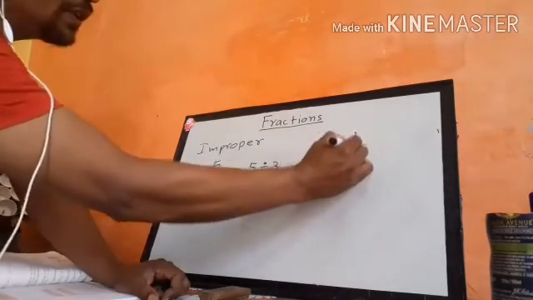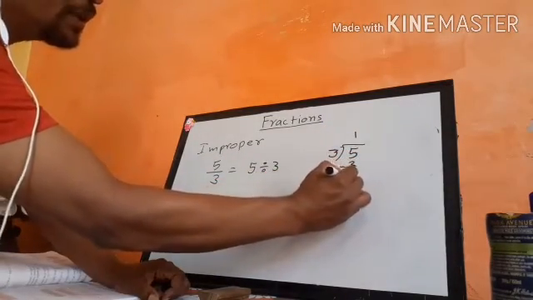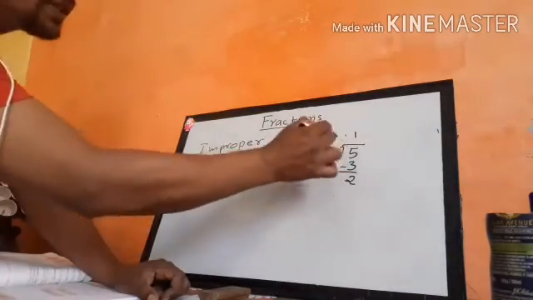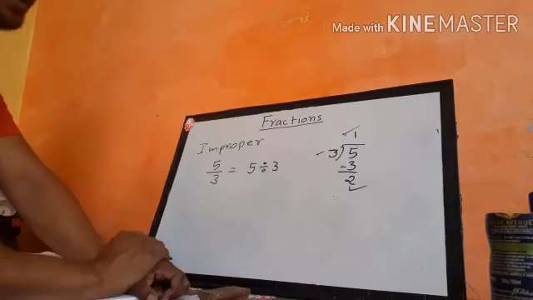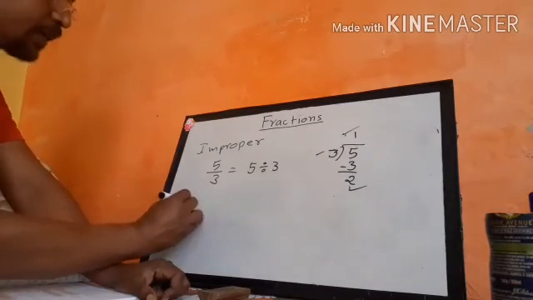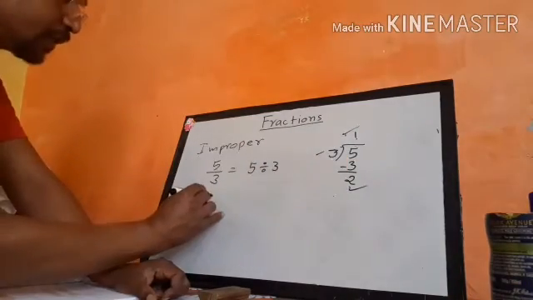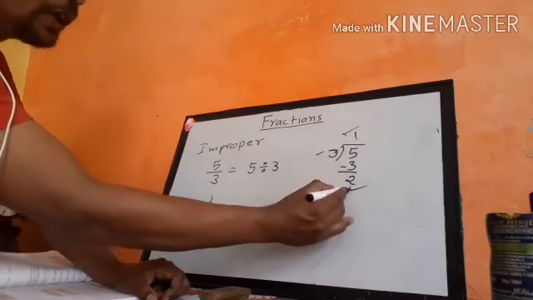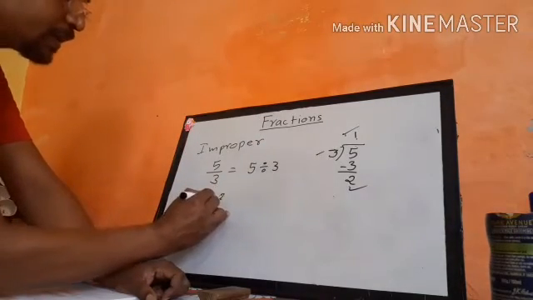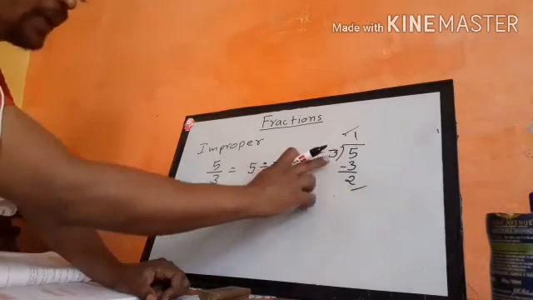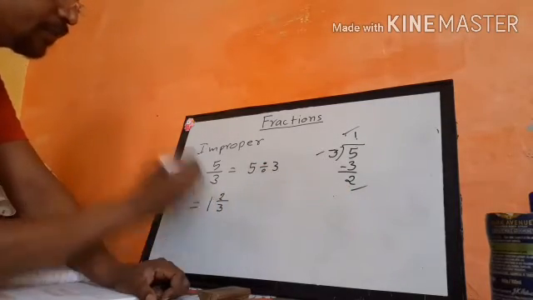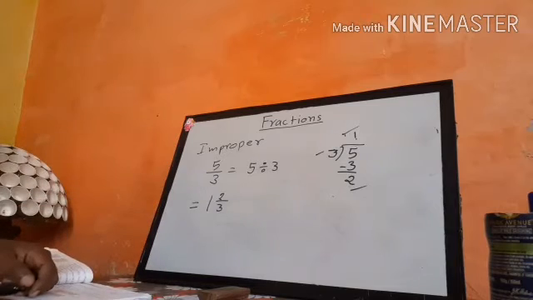So 3 ones are 3, remainder is 2. So this is your quotient, this is the remainder and this is your divisor. So you can write the quotient as the whole number, the remainder as the numerator and the divisor 3 as the denominator.